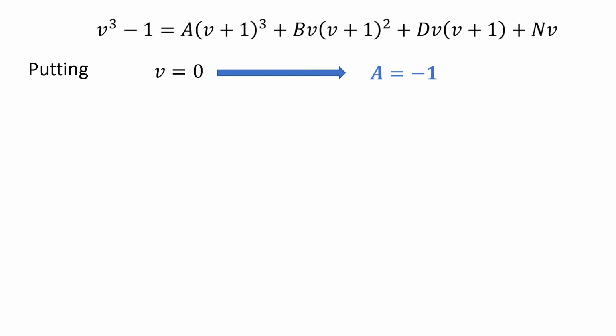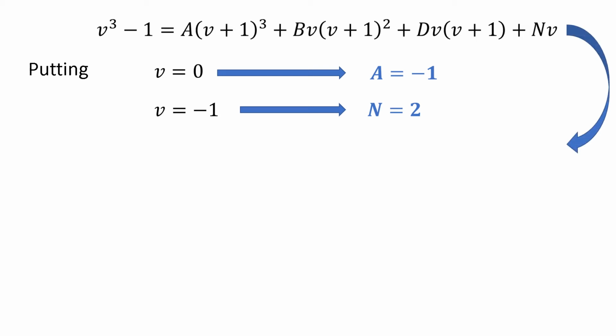And another root of this identity is v equal to negative 1. Substituting v equals negative 1 into the equation, we could solve immediately for N. N now will be equivalent to 2. If we expand our identity equation, we will be taking this equation.